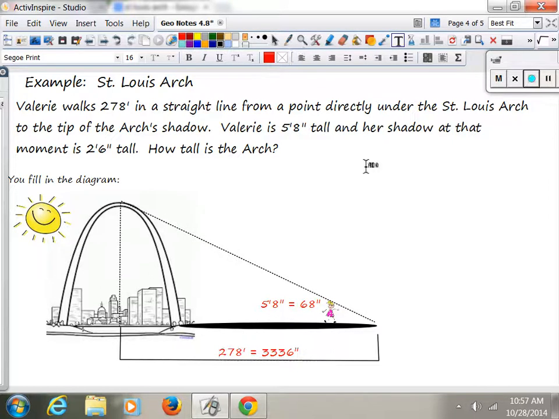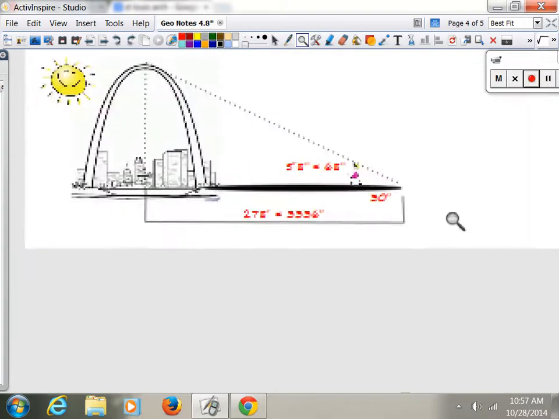And what else do we know? That her shadow is 2 feet 6 inches. So right in here, this little amount from her to the end of the shadow is 2 feet 6 inches. 24 plus 6 would be 30 inches. So what would be a good proportion now to set up?